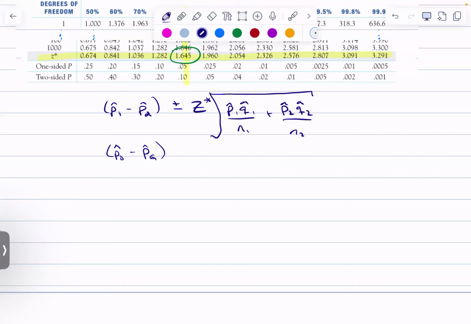So here, whichever group you assign to be group 1, just be consistent about it. And whichever one you assign to be group 2, just be consistent about it. PD hat QD hat over ND plus PG hat QG hat over NG.